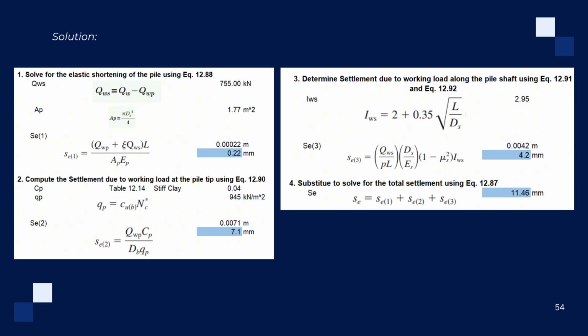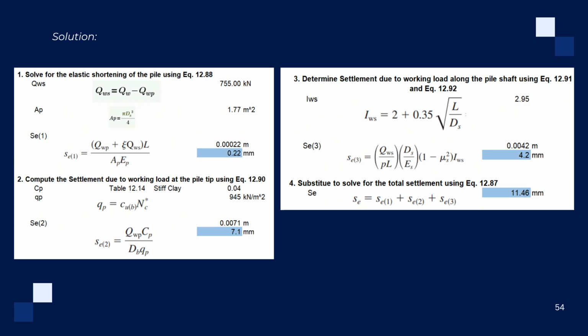And SE sub 3 is equal to the quantity of QWS all over P times L times the quantity of DS all over ES times the quantity of 1 minus mu S squared times the IWS, which gives a result of 0.0042 m or 4.2 millimeters.